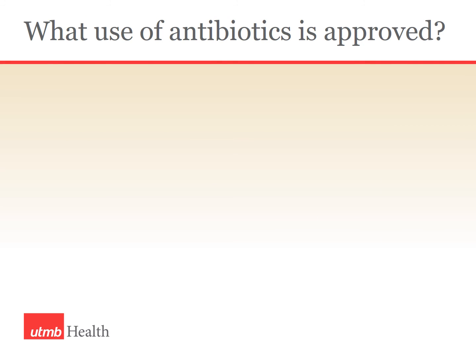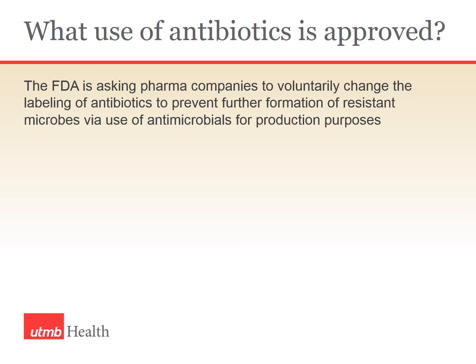Okay, now, the FDA also regulates the use of antibiotics in animals to some extent. Right now there are a number of over-the-counter antibiotics that farmers can use in their animals that the FDA is asking pharmaceutical companies to label differently, to label those antibiotics for their approved purposes and not for production purposes.